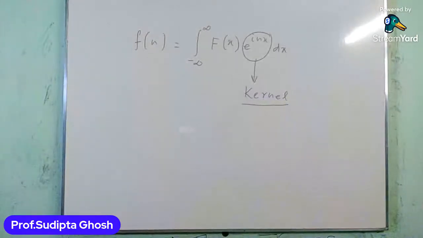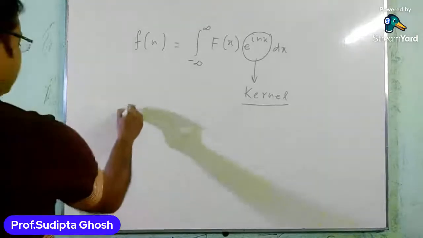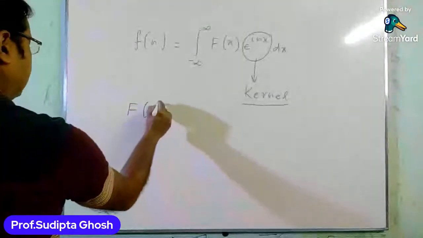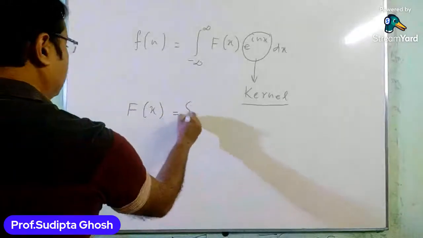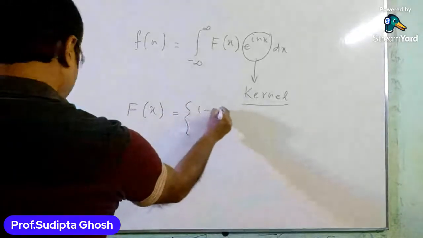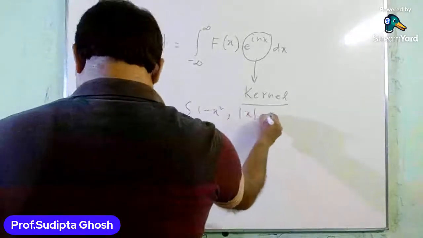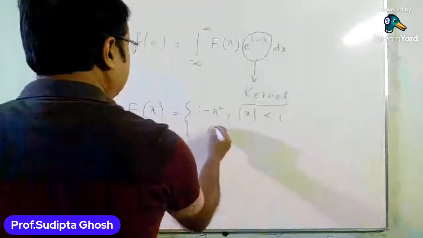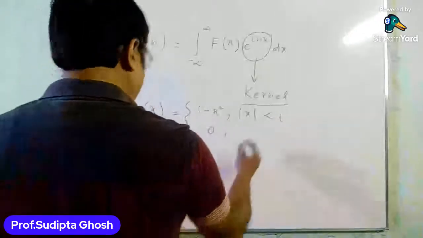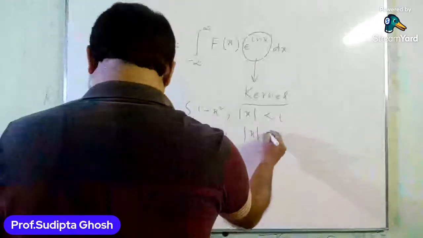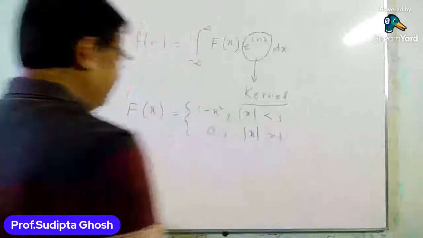Now let's do a sum on this. Say we have a problem: find the Fourier transformation of f(x), where f(x) equals 1 minus x square when mod of x is less than 1, and the value is 0 when mod of x is greater than 1.